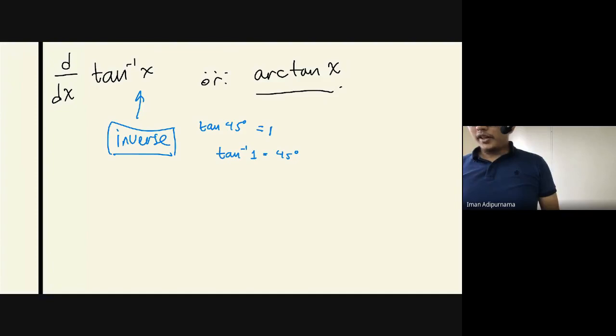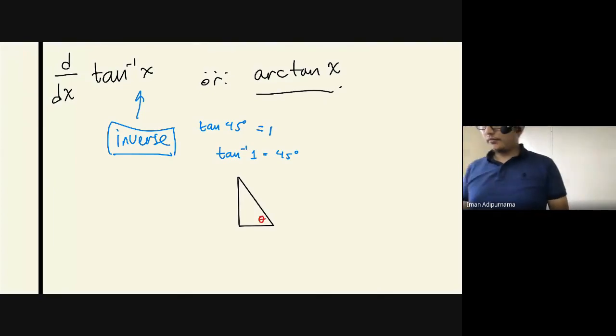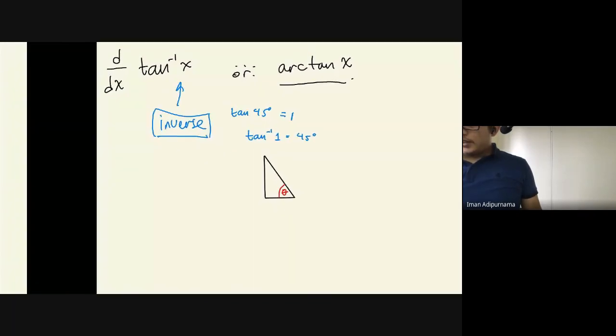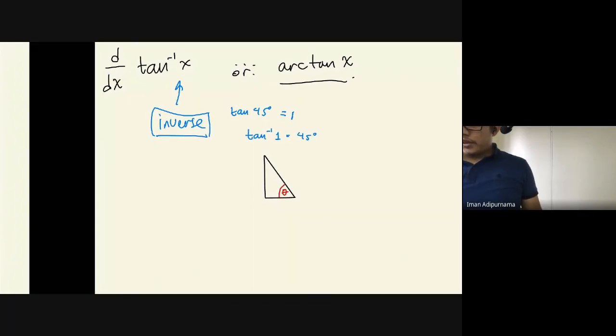Or we can just use the triangle. Let's just use theta. Let's imagine our angle in this triangle is theta. And then let's make it from our tangent inverse.